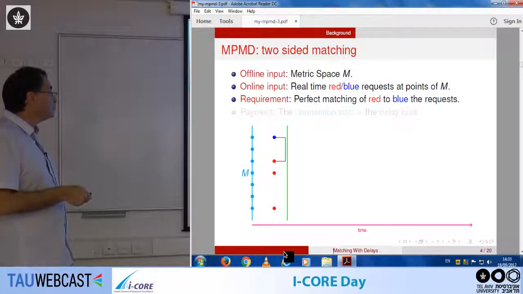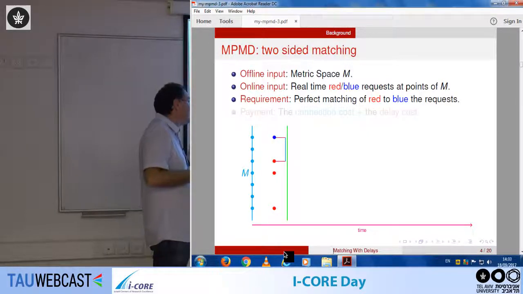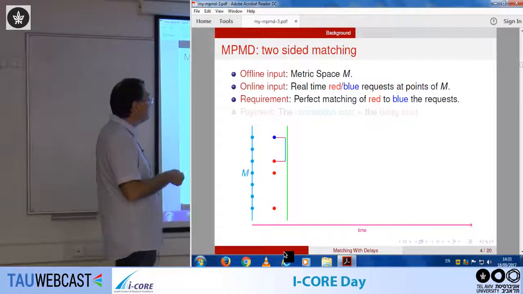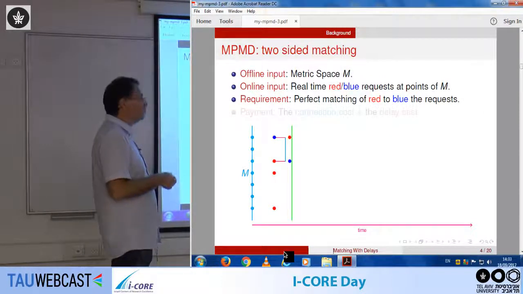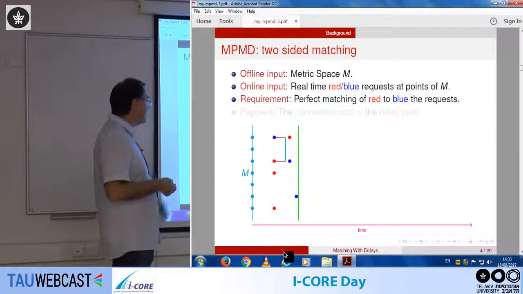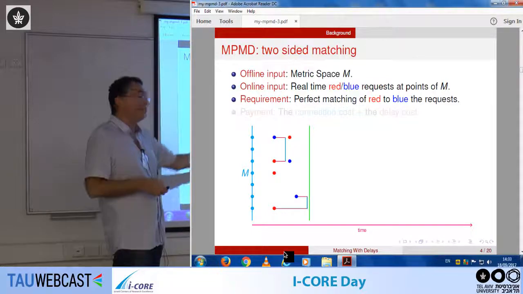And then at some point of time, I could match them immediately, but I was not sure if I should match them immediately. I waited a little bit and then decided to match them. And again, it was a mistake because I should have matched it like that. And again, I'm waiting. I get more requests. And again, I decide to match as time passes.